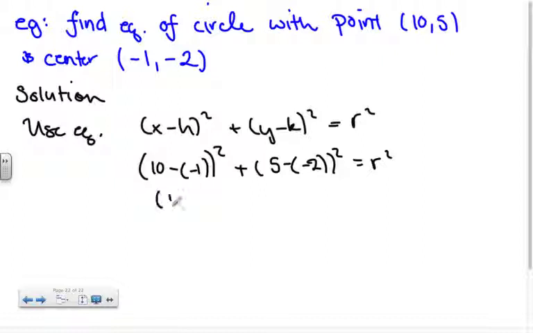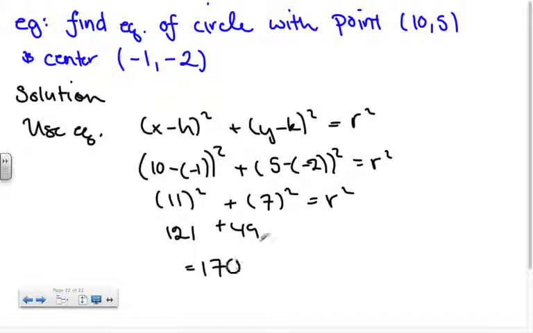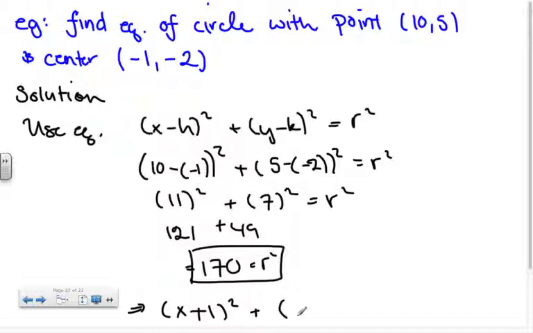And so this becomes 11 squared plus 7 squared is r squared. 11 squared is 121 plus 49, which is, of course, 170, equal to r squared. So therefore, the equation becomes x plus 1 squared plus y plus 2 squared is 170.